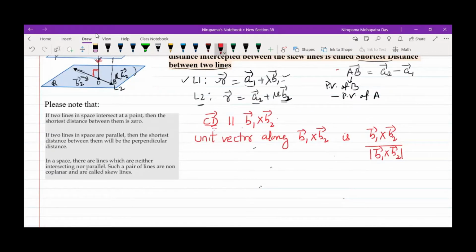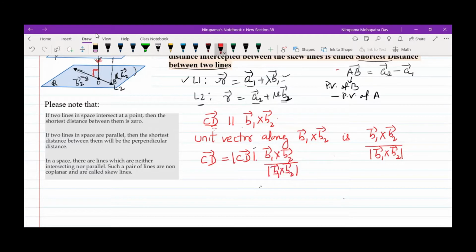So CD vector is the magnitude of CD into the unit vector along B1 cross B2, which means B1 cross B2 divided by the magnitude of B1 cross B2. Is it clear up to this?